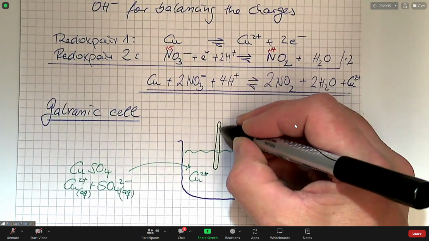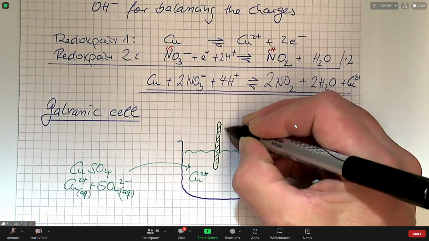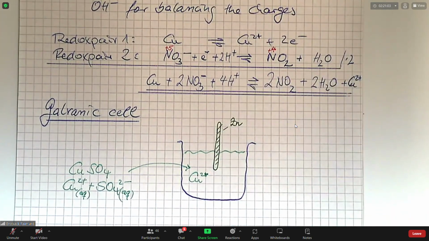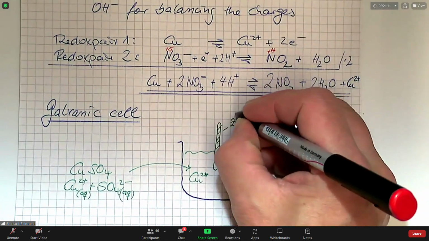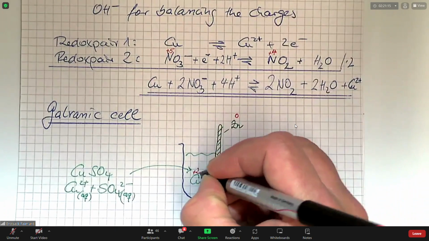This is a solid elementary zinc. What's the oxidation number of elementary zinc? 0. So here that's 0. Here that is +2, of course.